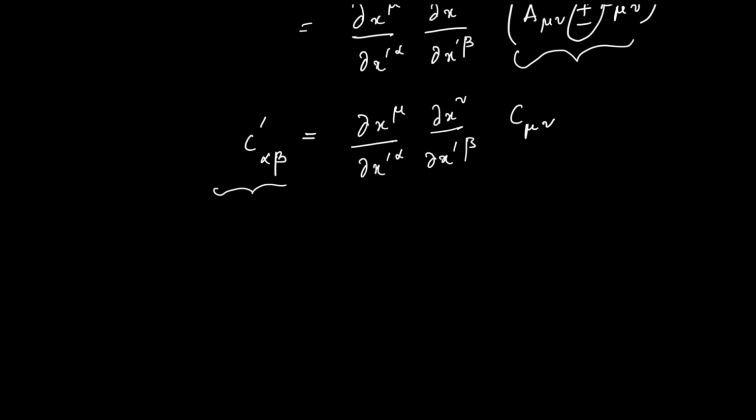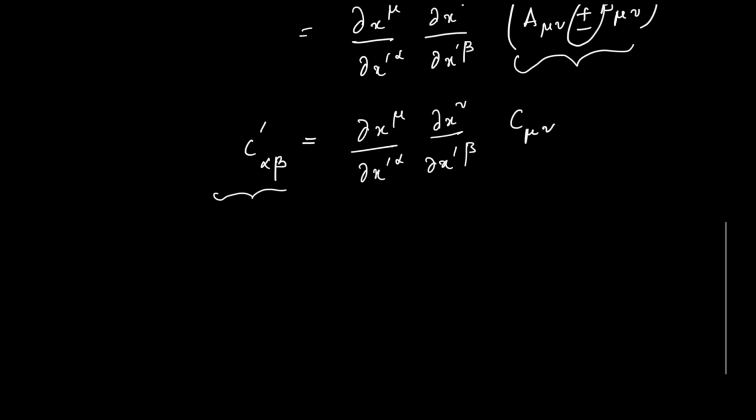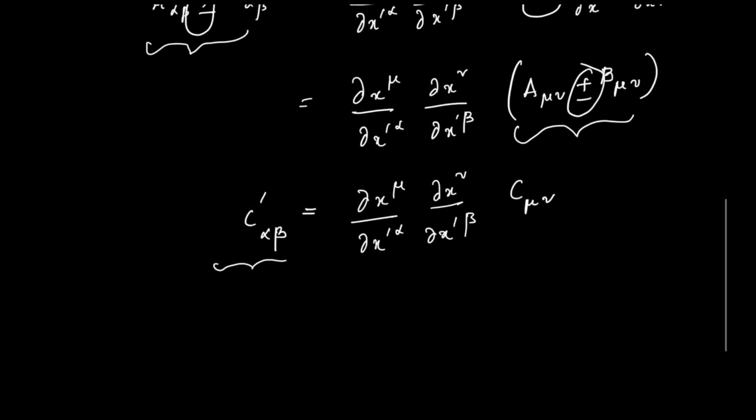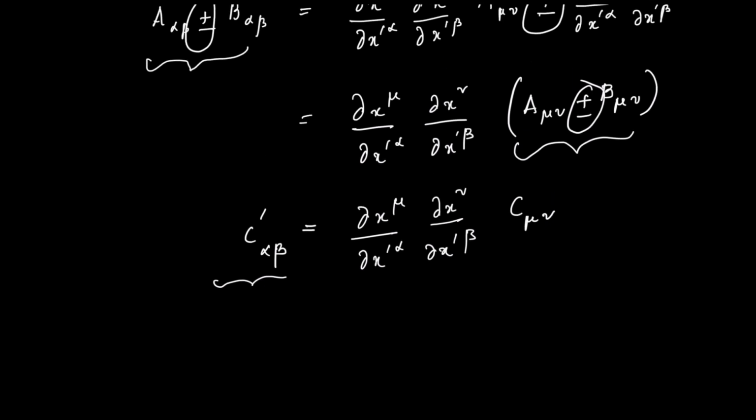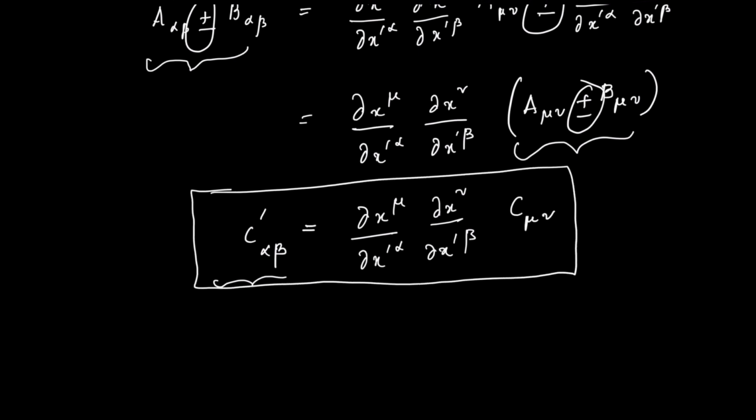So this is the proof for the addition or the linear combination of tensors. That is, the sum or difference of two tensors of the same rank and type is another tensor of the same order and type.